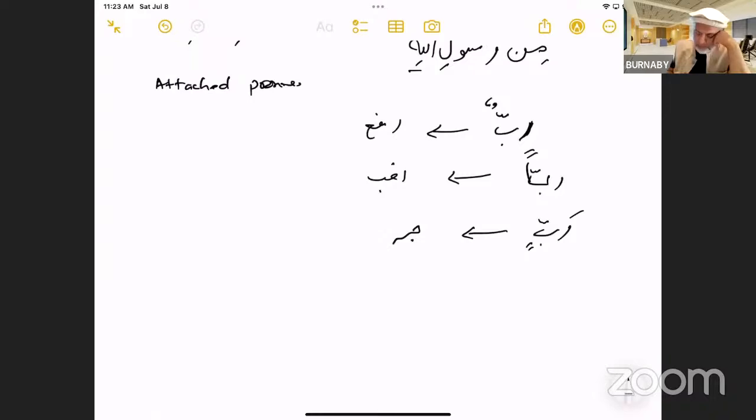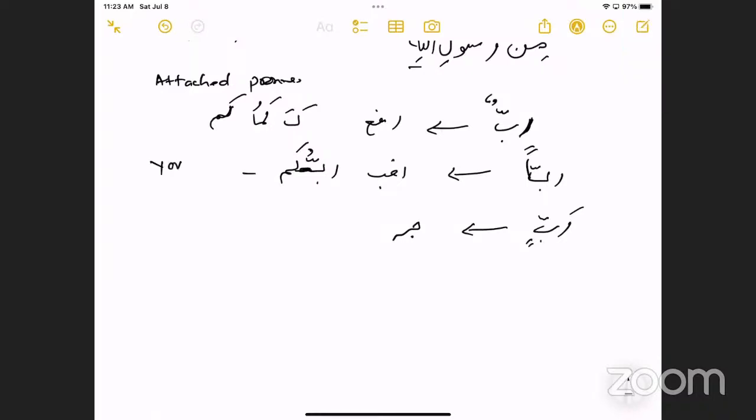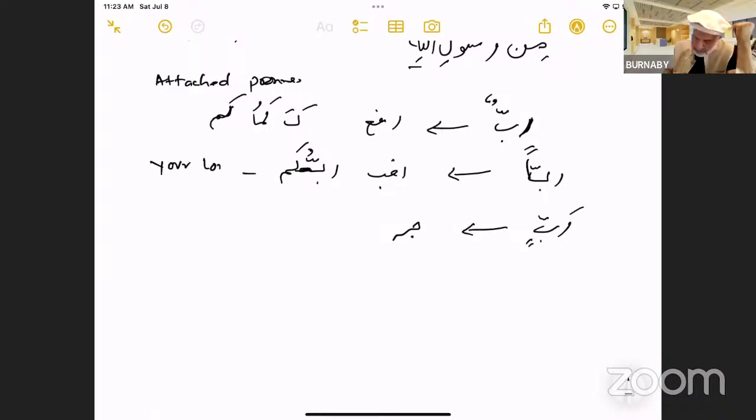I'm only going to give you the second one: ka, kuma, kum. If I say Rabbukum, can somebody give me the translation? Your Lord, or we can say your Rabb, just to keep it simple. Rabbukum.